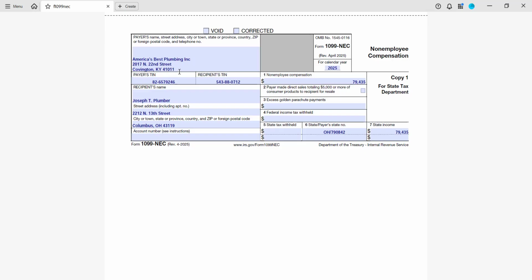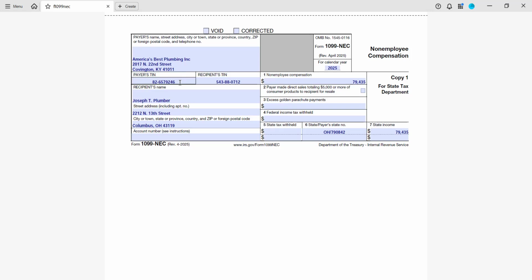All right. Now, for some issuers, payers, they also include their phone number. Okay. It's not required, but it is nice if the contractor needs to reach out to get information that maybe doesn't appear correct on here. Okay.